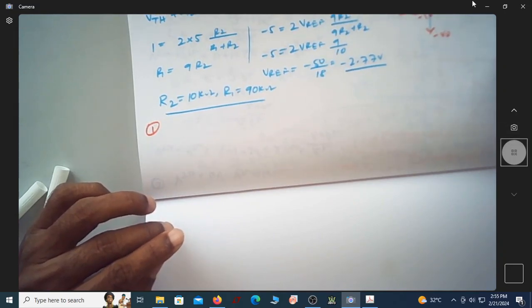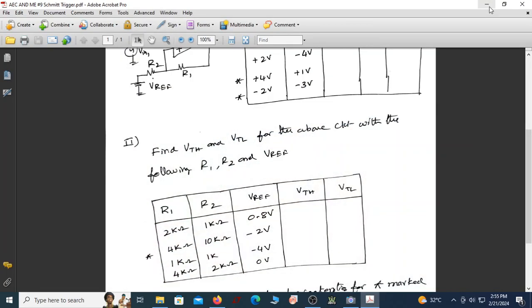So let me write it here. I have R1 is equal to 2 kilo ohm and R2 is equal to 1 kilo ohm. V reference is 0.8 volt, and of course plus or minus V sat is plus or minus 5 volt.